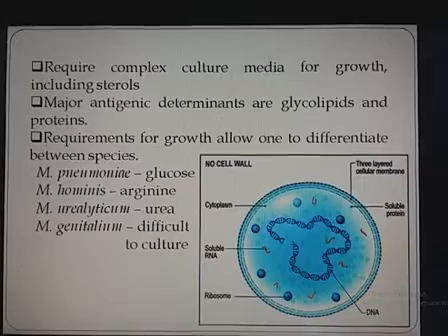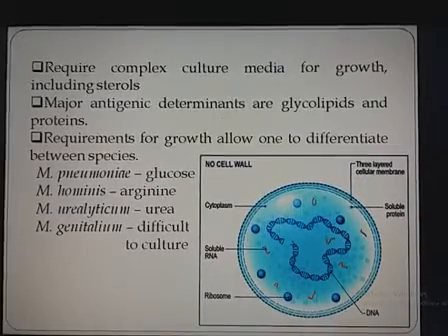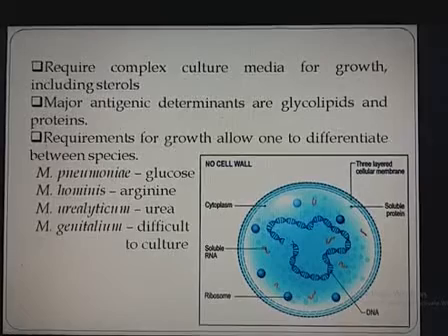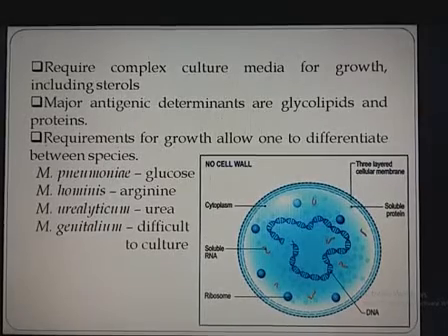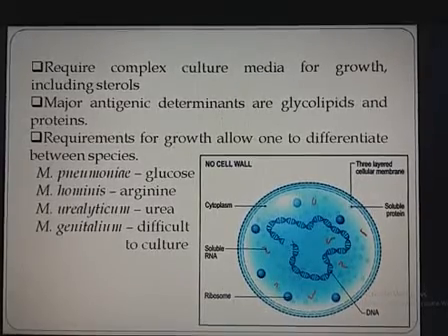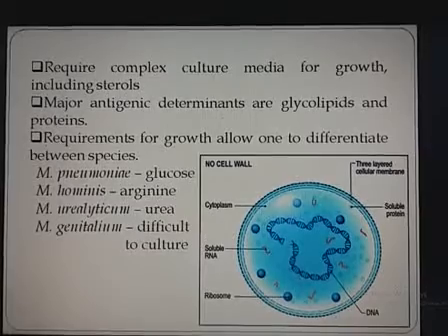One can differentiate species according to their growth factor requirements. For example, Mycoplasma pneumoniae requires glucose, Mycoplasma hominis requires arginine, Ureaplasma urealyticum requires urea, but Mycoplasma genitalium is very difficult to culture.